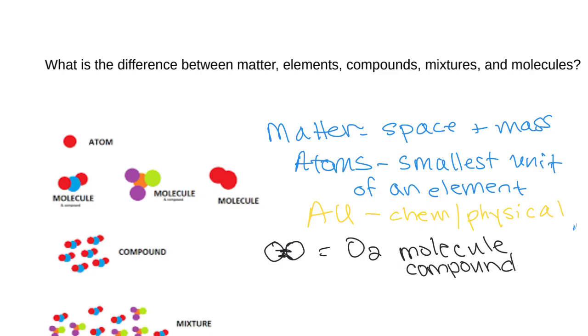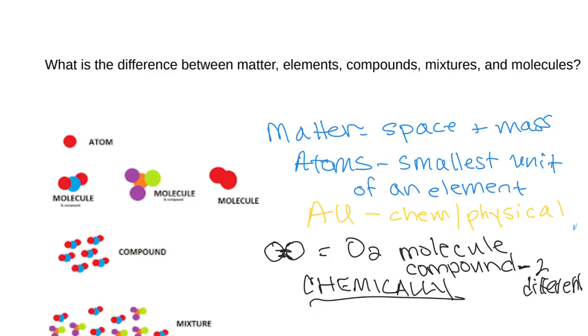So what is the difference between the two? A molecule and a compound both have to have more than one atom chemically, and that's key, chemically combined, chemically put together. It has to be chemically. The difference is a compound has to be two different elements, whereas a molecule can be two different, but it can also be two of the same.